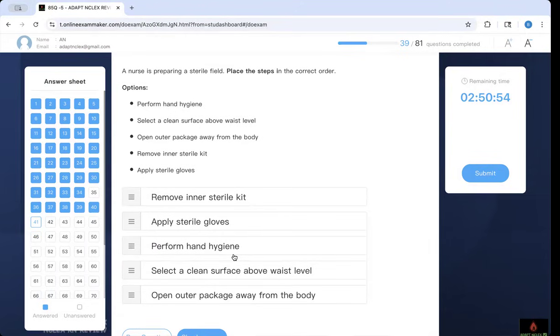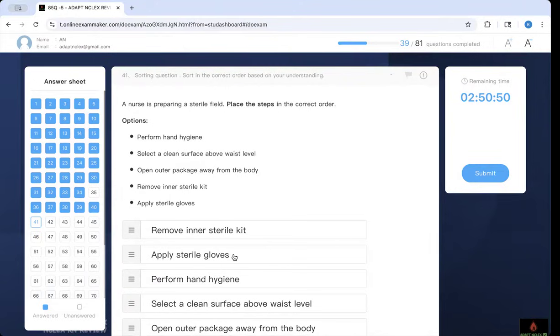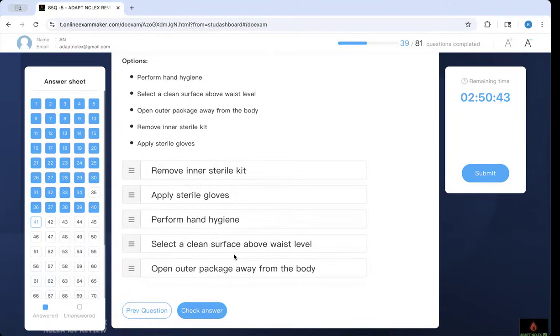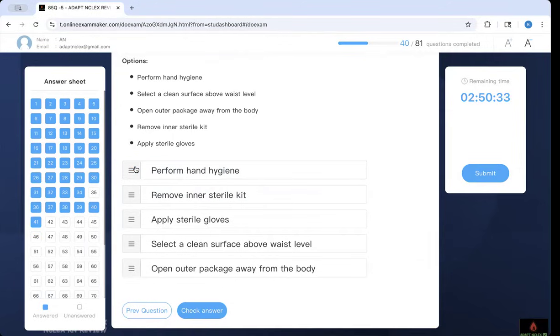What's the first thing you will do if I give you this to arrange? You are on the ward. I said, do this for me. Sterile technique. What are you going to do? Arrange them yourself and let me know. Put it down in the comments. I'll look for them. But every time you got to perform hand hygiene, right?